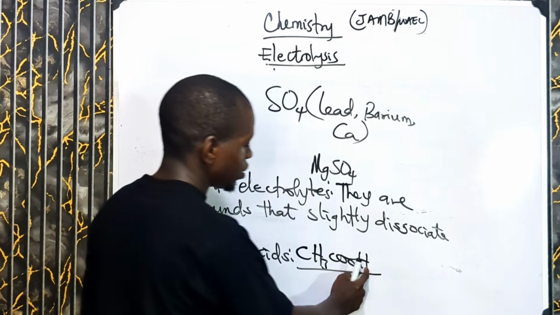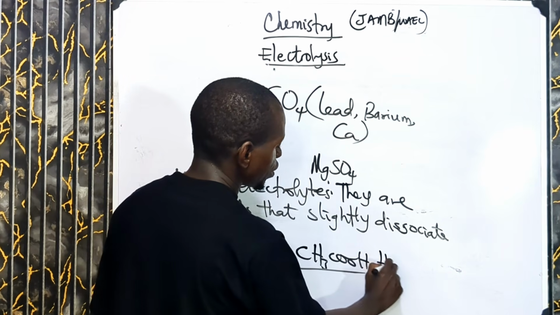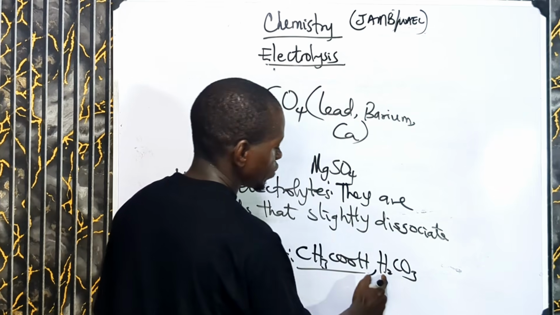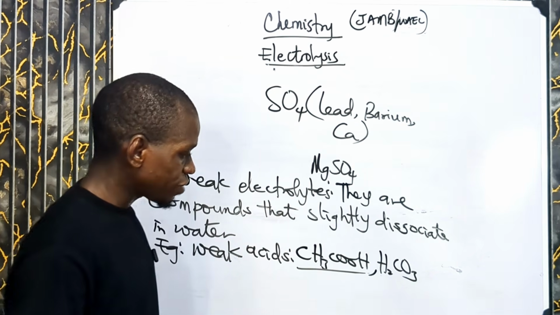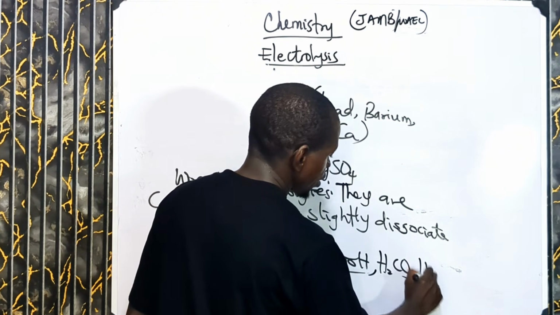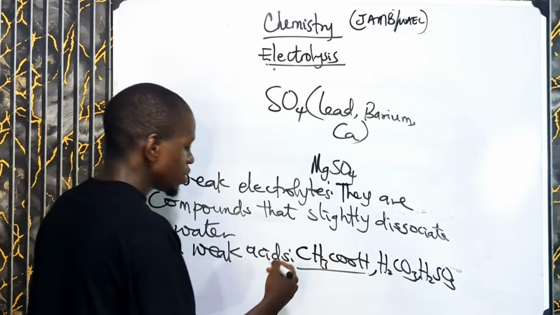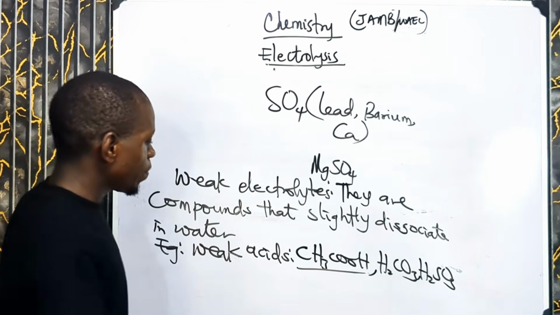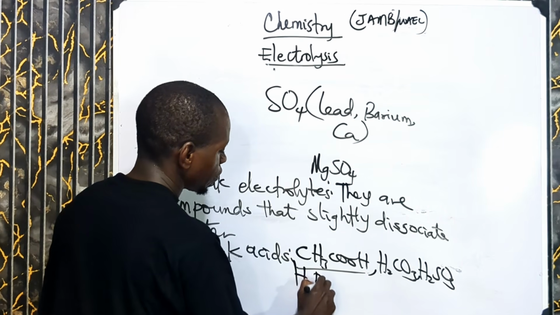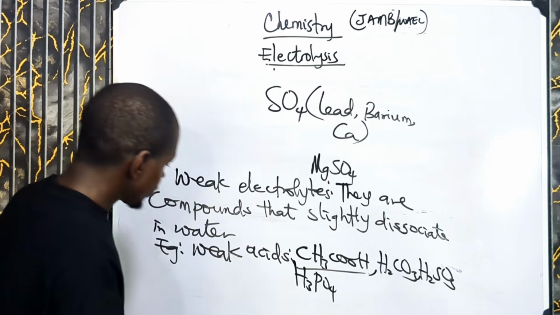In as much as it has H at the end, it's a weak acid. Another example is H2CO3. Even though it starts with hydrogen, showing that it's an acid, it's a weak acid. How about H2SO3? This is also a weak acid. How about H3PO4? Also a weak acid. All these are examples of weak acids.